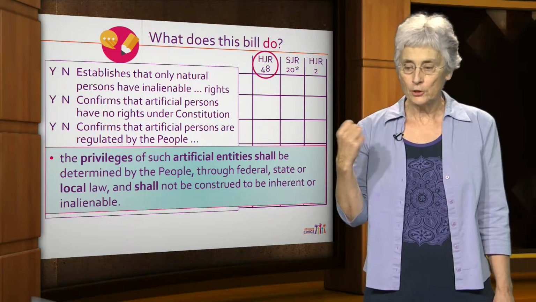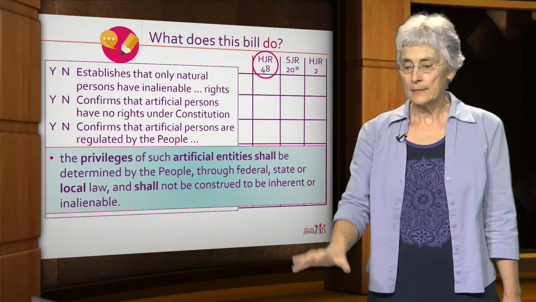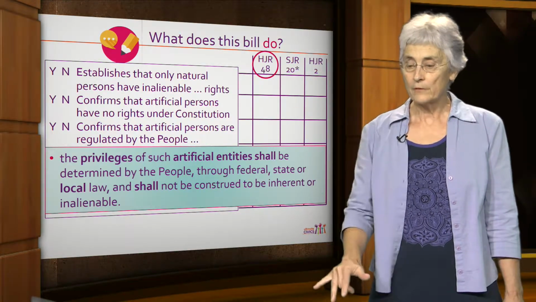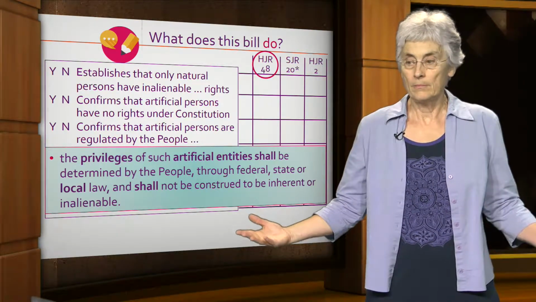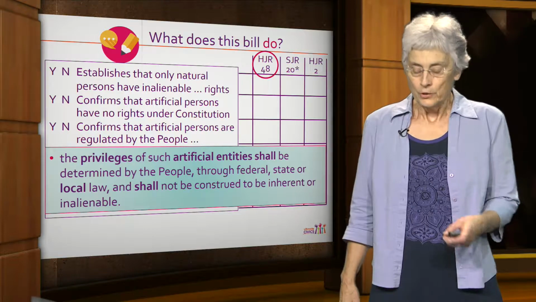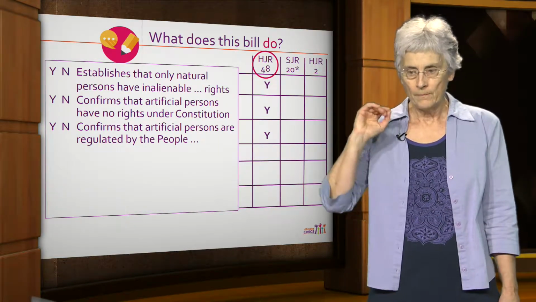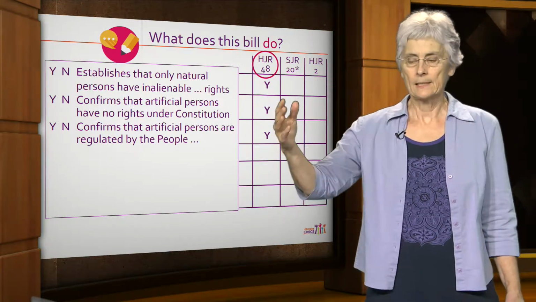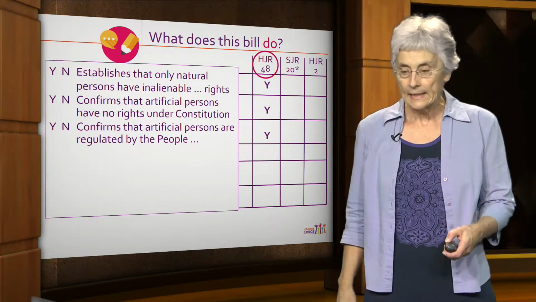And shall, again, good, requires it. Local law, again, good. We want to be consistent through all of our levels of government. And shall, again, it's a requirement. So it's pretty clear, concise language. And so after discussion, pretty much everybody always says, yes, we get this. This is good, clear. Let's go on with the second half.